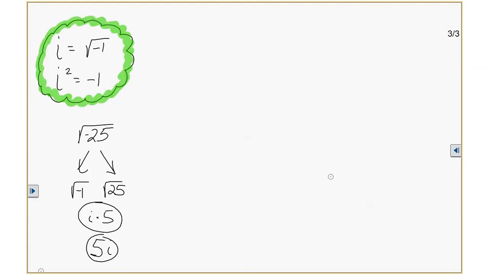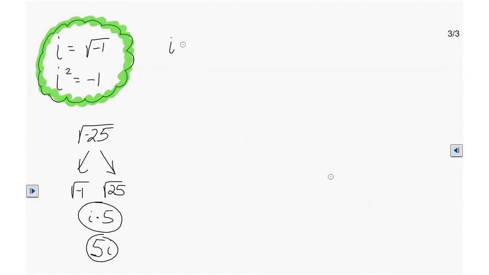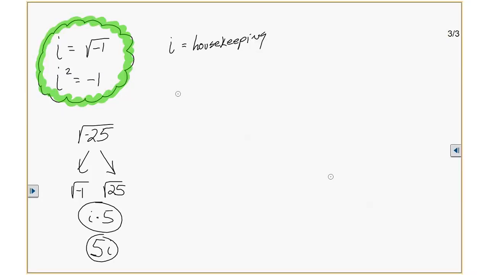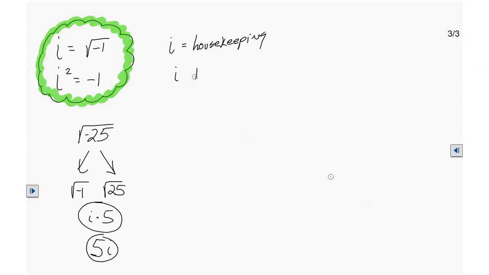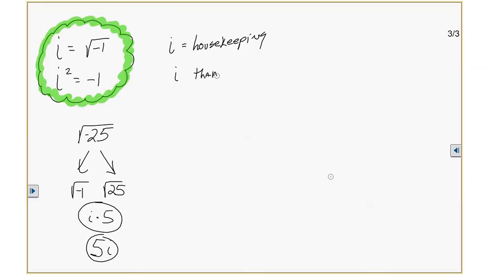If you get this, the reason we have i is for housekeeping. It's a whole lot better to deal with i than the square root of -1. What do I mean?